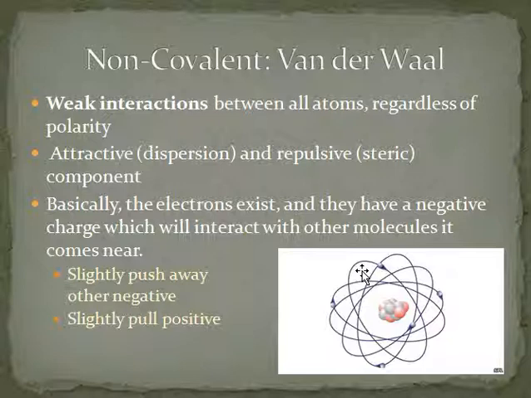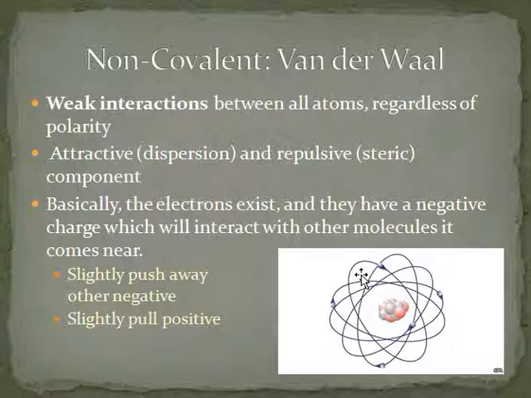So when it is on this side, you will have a slightly more negative charge on this side than that side. So if you have a slightly more negative charge on this side, it's going to push just a little bit on any molecule it comes near that has a slightly negative charge near it.